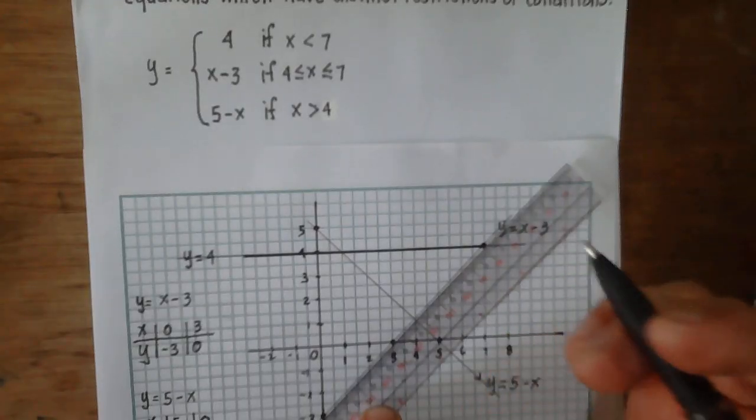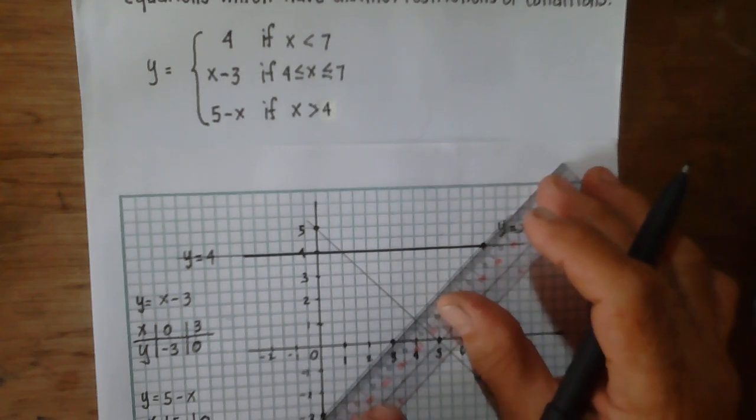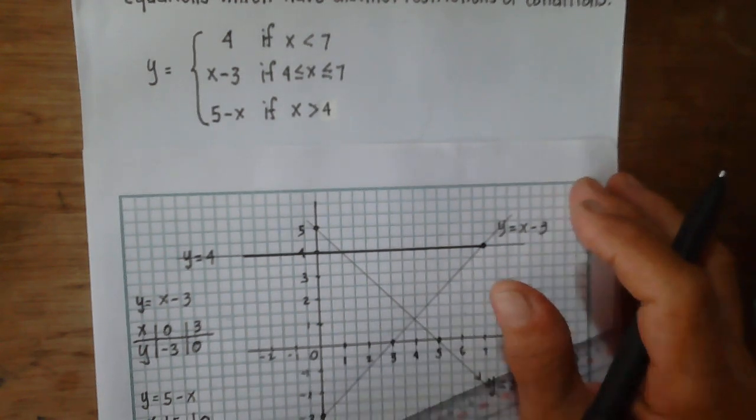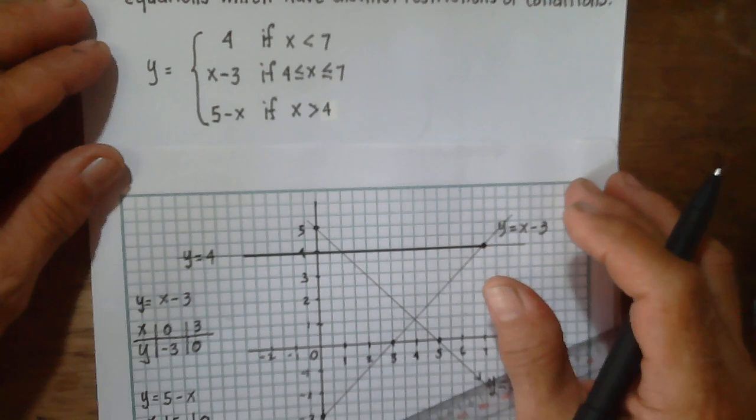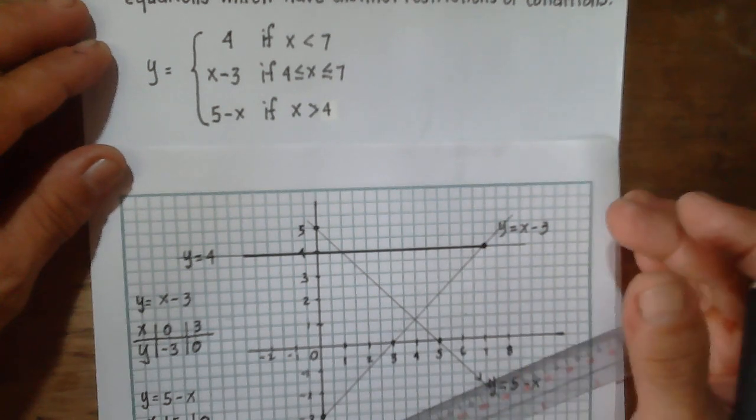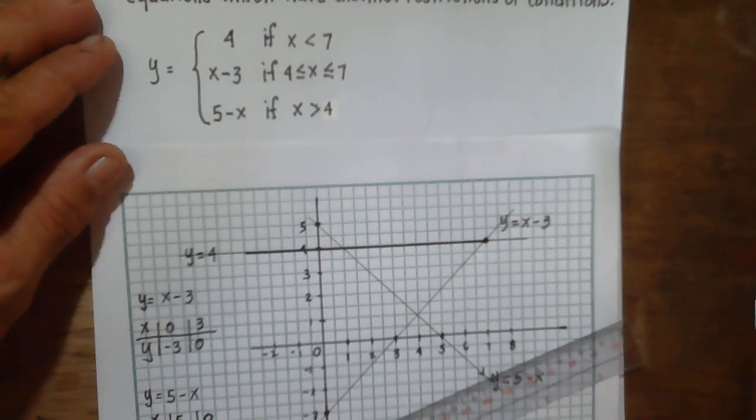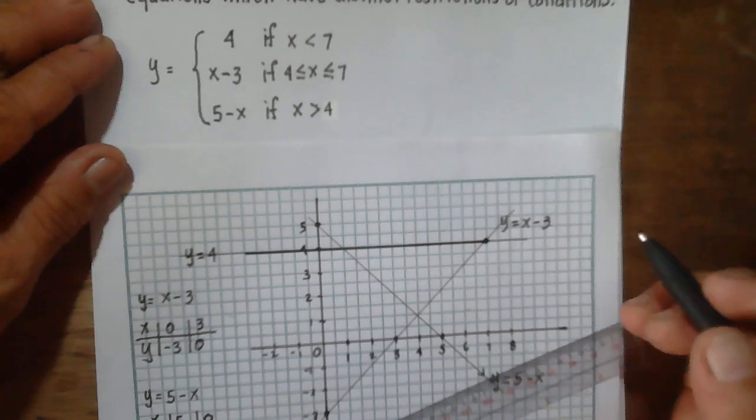It's because, as I have said, we do not need to show the graph of the three linear equations. What we only need to show is the graph of the piecewise defined function, and we need to locate the interval.